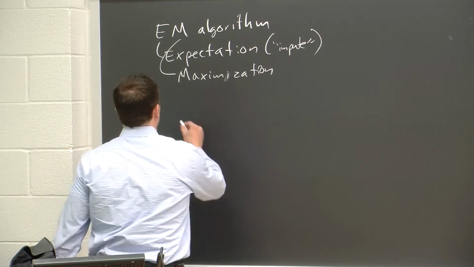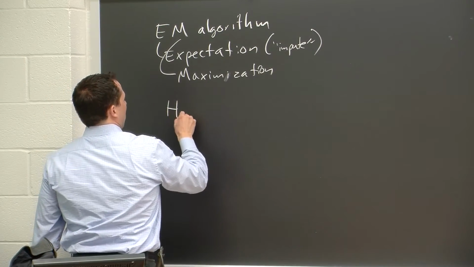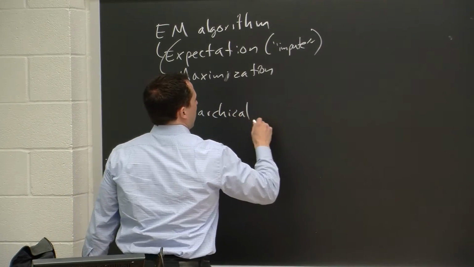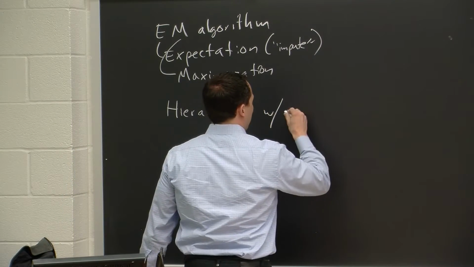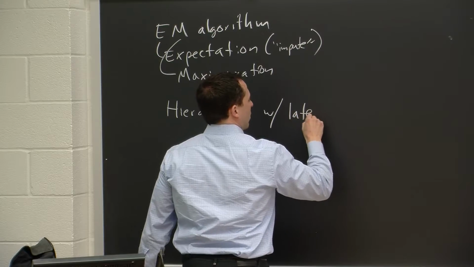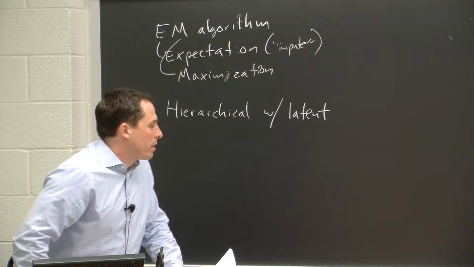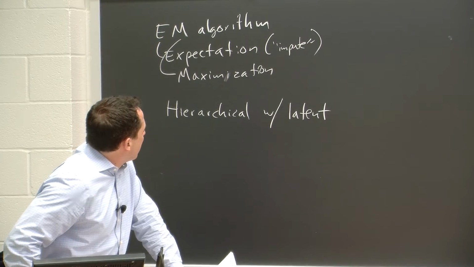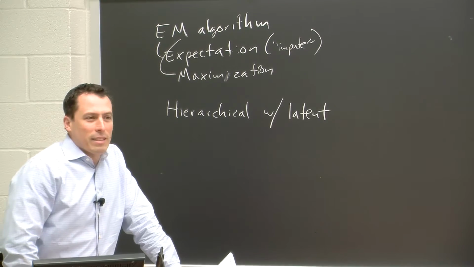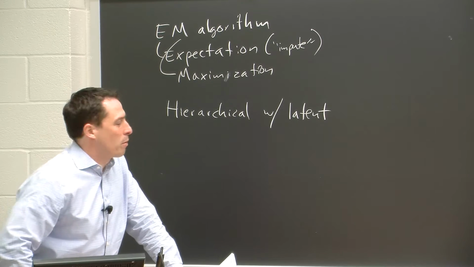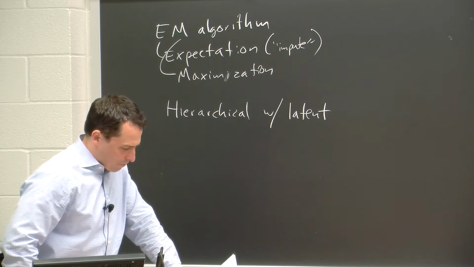And it's useful for hierarchical models with hidden variables or latent variables. So that's an example of a situation in which we have missing data, but the missing is kind of by design, right? There's some variable that we think is important, but which we've never observed.